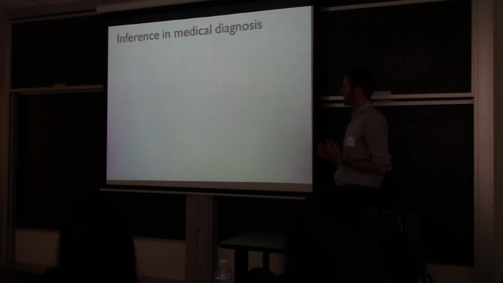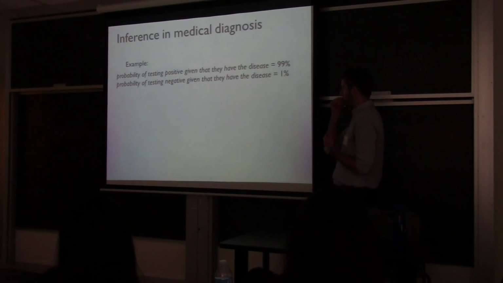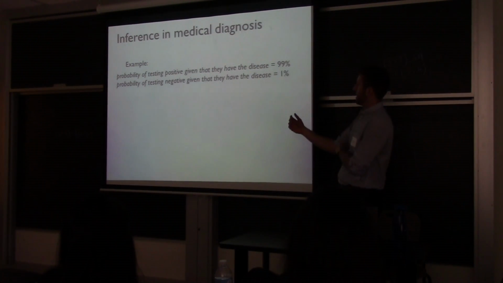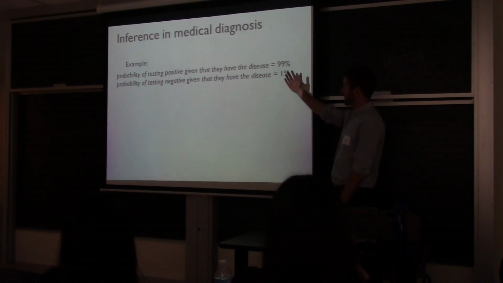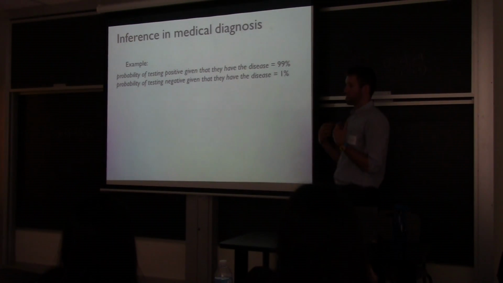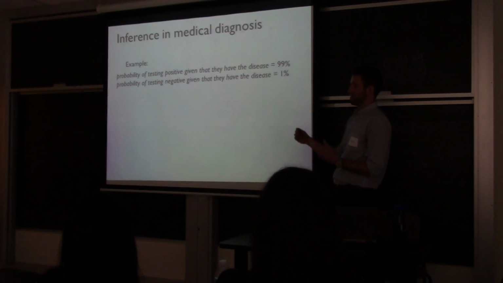But the problem with the test is that it is not an entirely accurate diagnostic, so the test could be incorrect. For this example, we're going to say that the probability of a positive test, given that you have the disease, in other words the test accurately saying you have the disease, is 99%. But there's also a 1% chance that you test negative even if you have the disease.